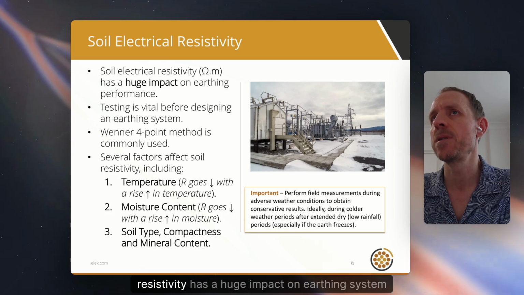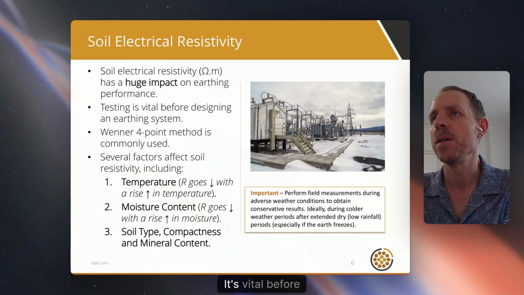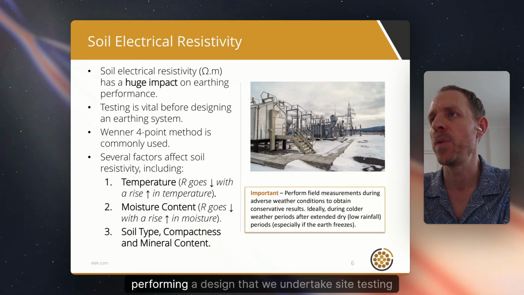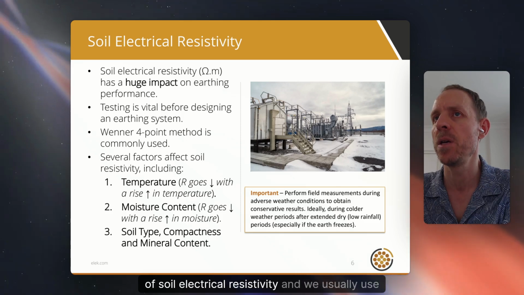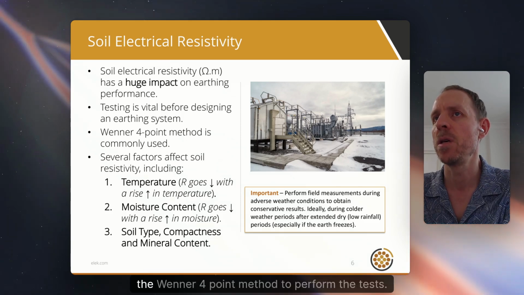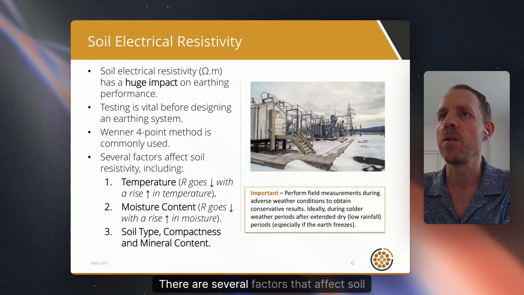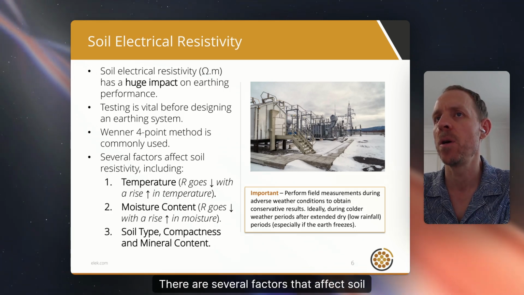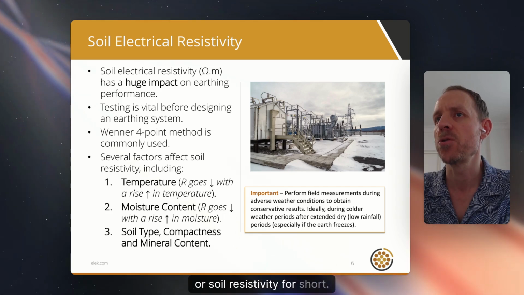Soil electrical resistivity has a huge impact on earthing system performance. It's vital before performing a design that we undertake site testing of soil electrical resistivity, and we usually use the Wenner 4-point method to perform the tests. There are several factors that affect soil electrical resistivity, or soil resistivity for short.